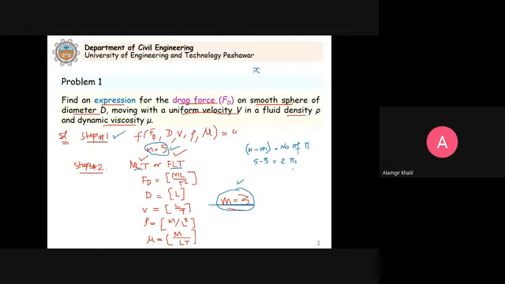The second question that we try to answer is: what are these groups? For example, you will have pi 1 and we will have pi 2. So what are these? This is the second question that we have to answer.